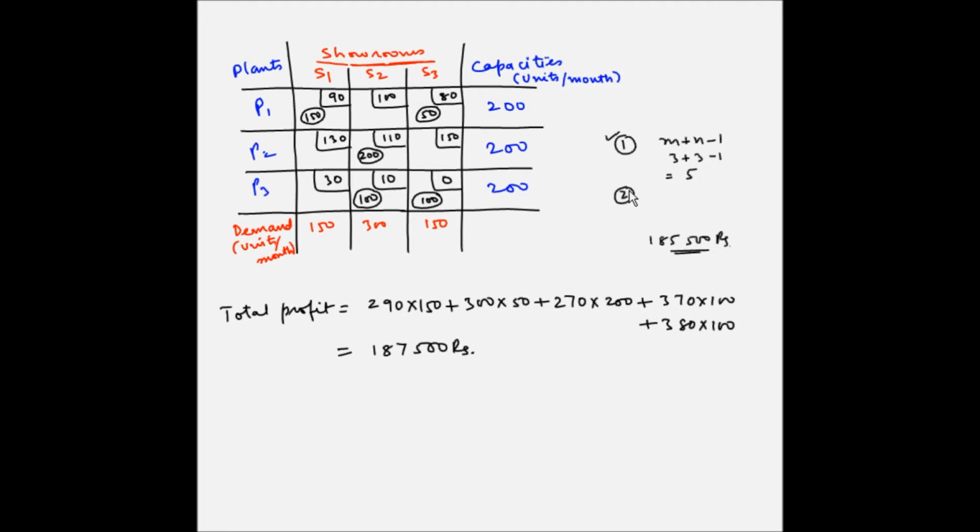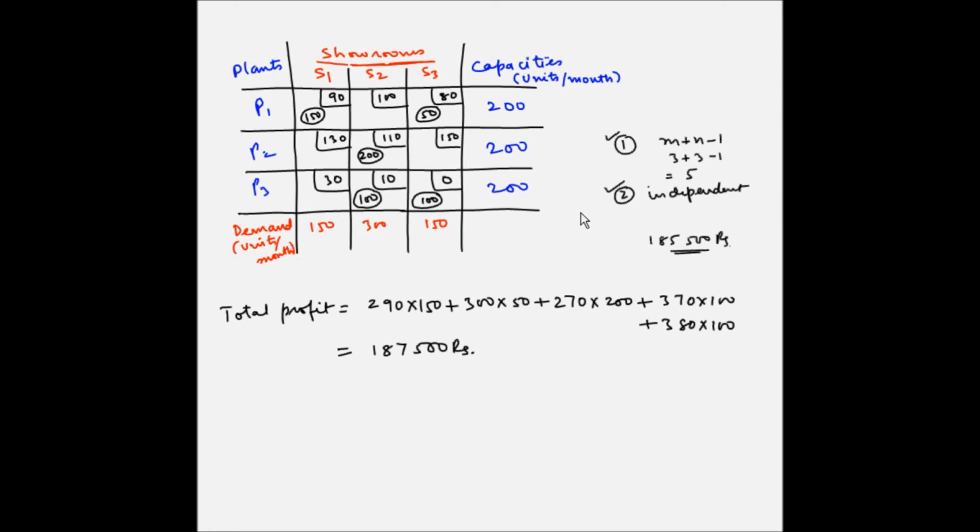Now the second condition is that the allocations should be in independent positions, which means that we should not be able to formulate a closed loop for any of these allocations. So if you observe, all these allocations are in independent positions. So this condition is also met.